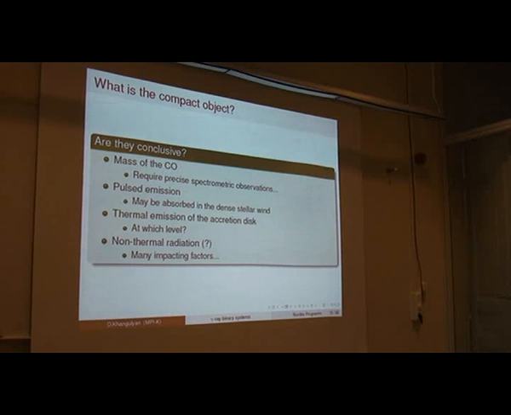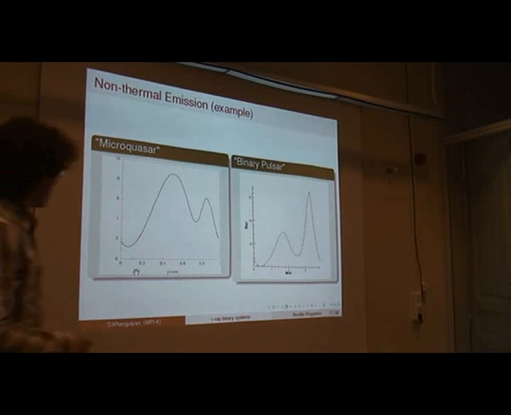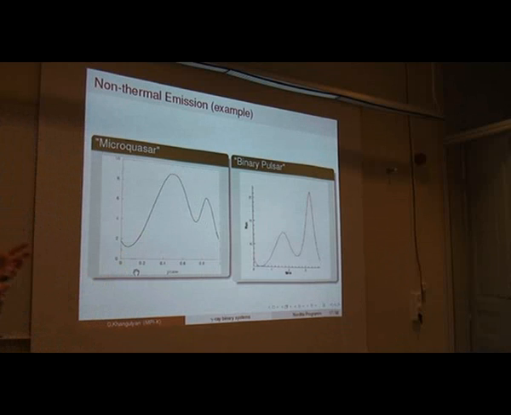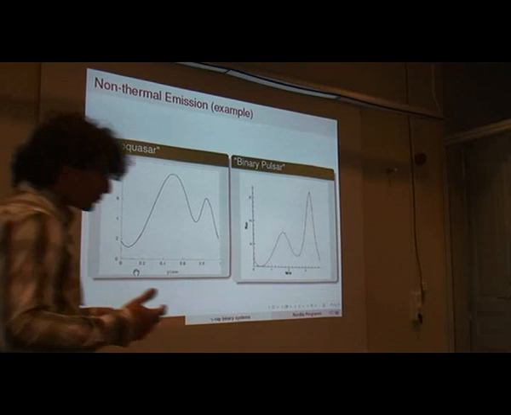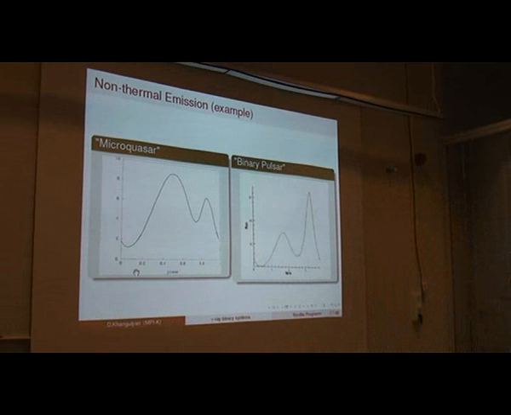Well, there are indeed many impacting factors, and as an example, I would like to show you these two light curves. These light curves are obtained in two different scenarios, and you see that in some way they're very similar. They have two bumps and a similar level of variability, but this variability is caused by very different physical mechanisms.